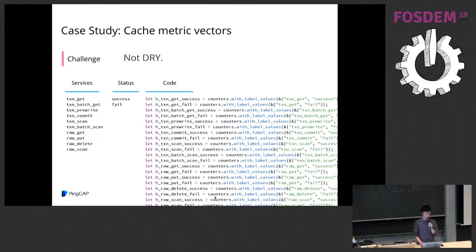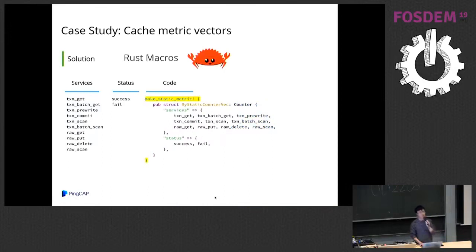So how can we solve it? We can solve it using Rust macros, thanks to the powerful Rust. Yeah, I'm pretty much a fan of Rust. As you can see in the code, this is a macro provided by the Rust Prometheus library. It's called make static metric. And when using this macro, you can just provide your labels.